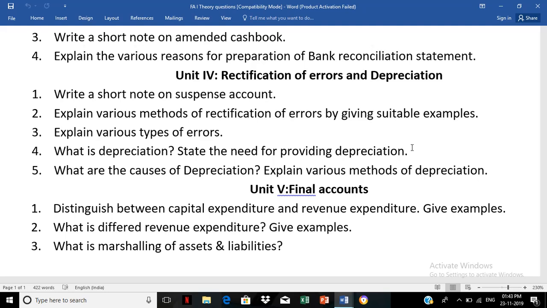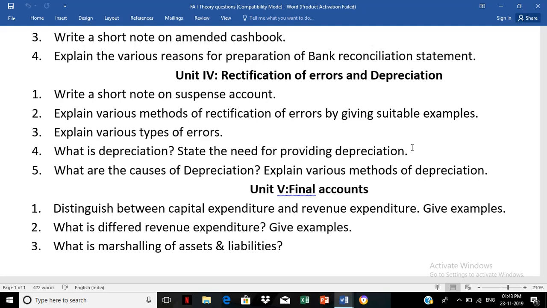When it comes to the short, it's only a part of the first or second one. It might be only error of omission or commission, or else they'll give you a short problem. We have to identify that error and rectify it by passing a rectification journal entry. The next is depreciation.